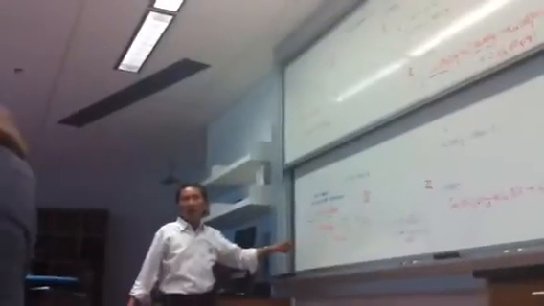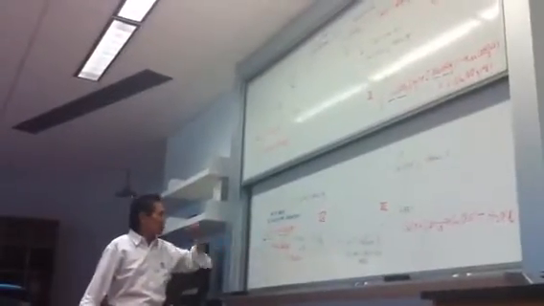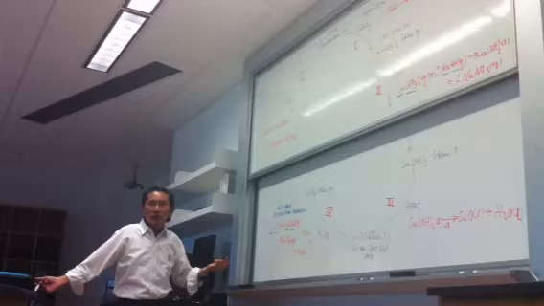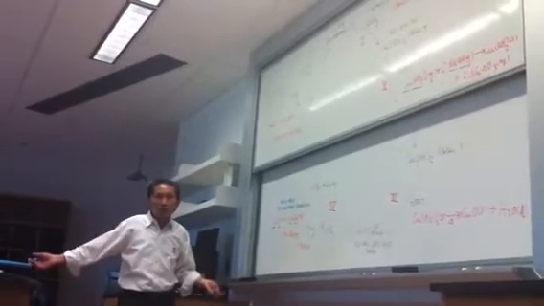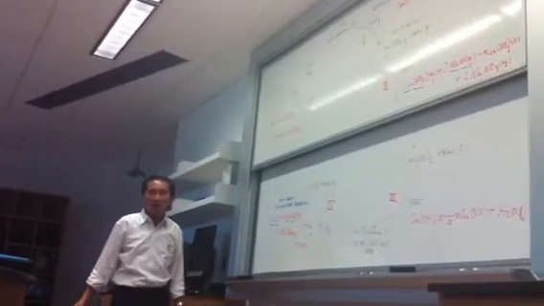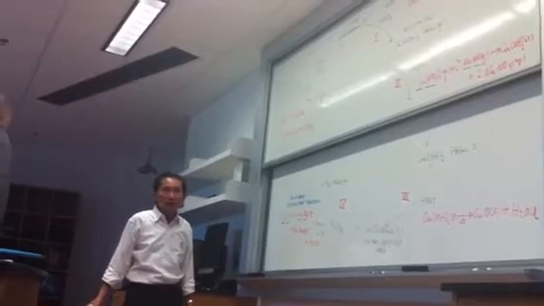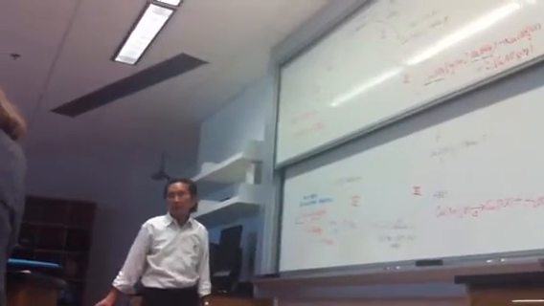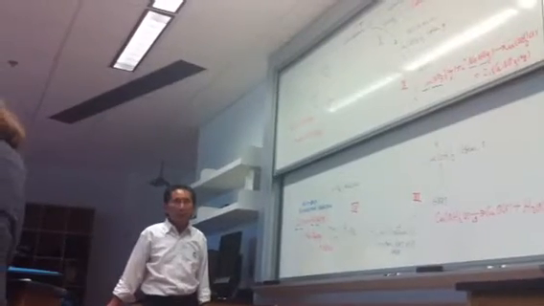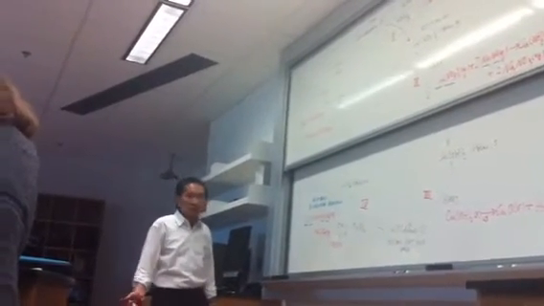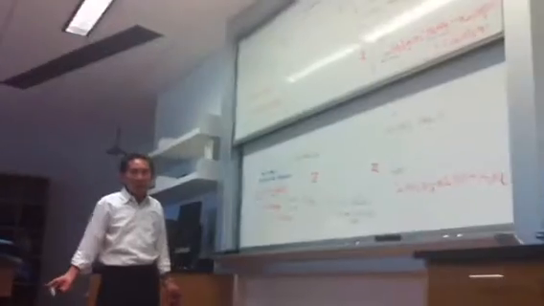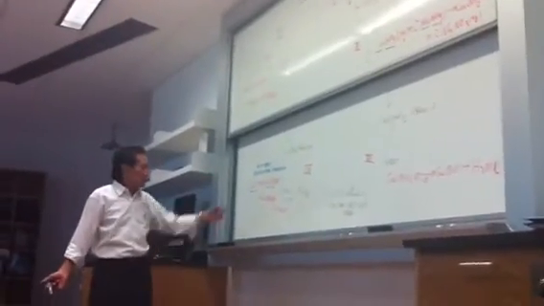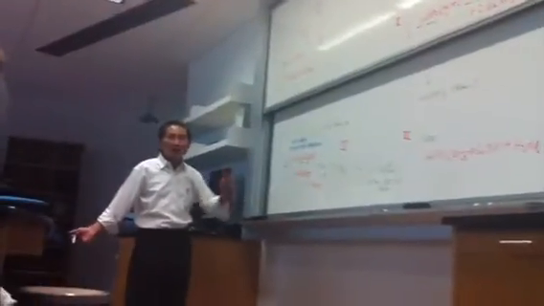How do you check? Copper oxide with acid, what type of reaction? Is it possibly a redox reaction? No, because copper hasn't changed its oxidation number.